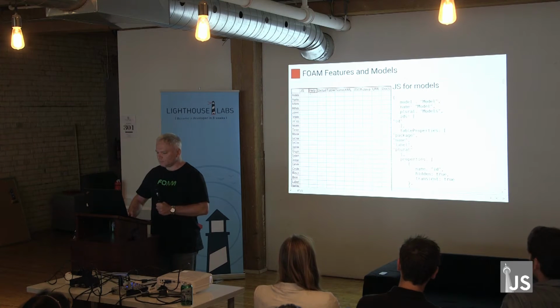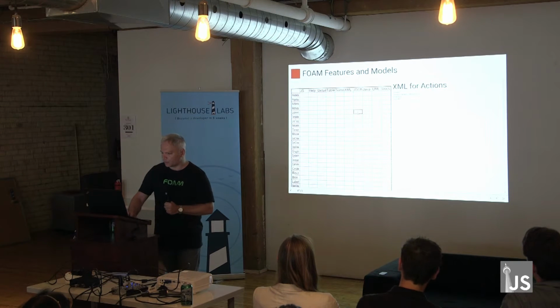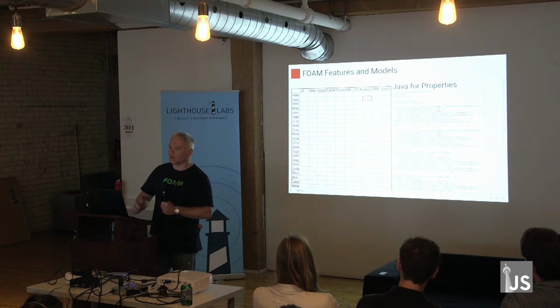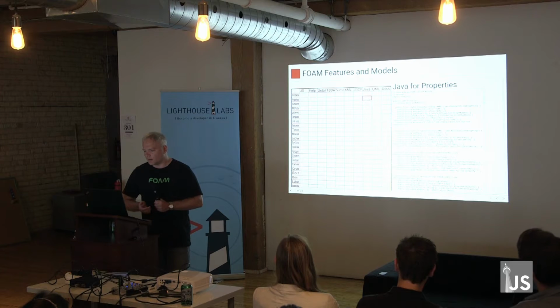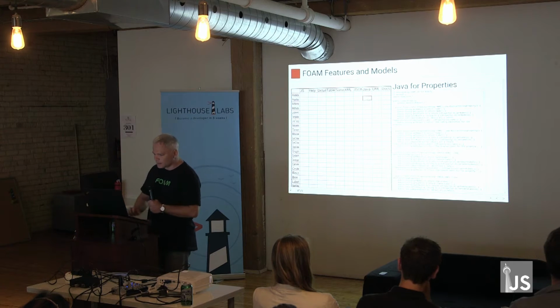So help text, a detail view, a table view, XML support, JSON support. And this column is interesting. From the same model, not only do we generate JavaScript, we can also generate Java and Swift code as well. So this is really meant to be cross-platform, although this is TorontoJS, not TorontoJava, so we'll stick with JavaScript.